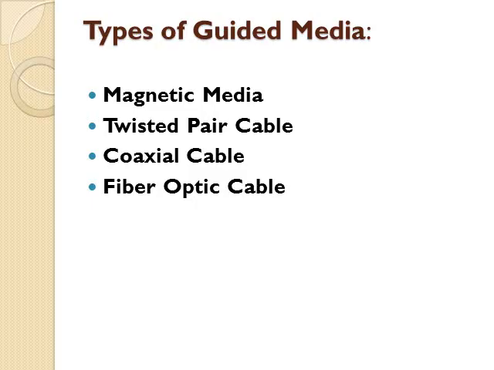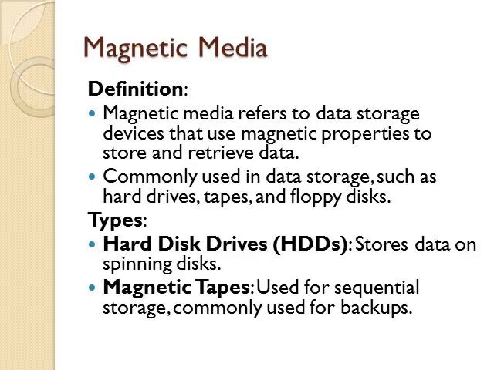These types of guided transmission media include magnetic media, twisted pair cables, coaxial cables and fiber optic cables. Magnetic media refers to a data storage device that uses magnetic properties to store and retrieve the data. The commonly used magnetic media are data storage such as hard drives, tapes and floppy disks.